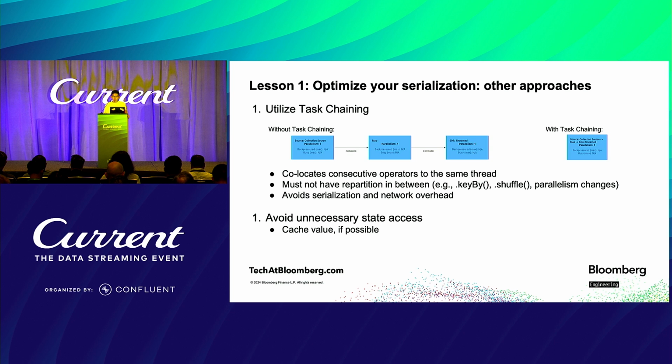If your operators are not chained together, and you click into your Flink UI and take a look at the topology, you will get a graph that looks more like the left-hand side here, where you have multiple boxes. Each box represents one operator, and these boxes are connected through arrows in between. These arrows mean that when we're passing records from operator to operator, we're doing serialization, then going through the network, and then deserializing them.